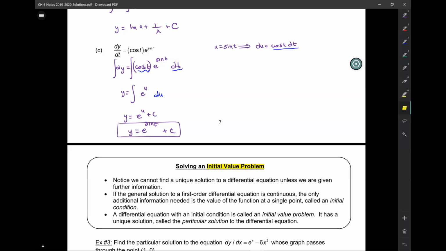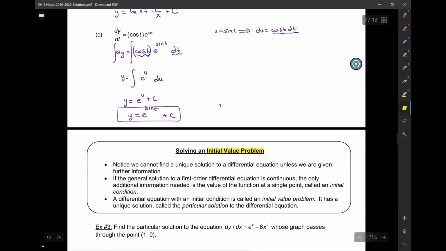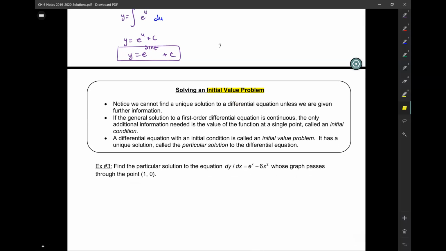But there is no way to zero in on one particular equation unless I'm given some more information, okay?